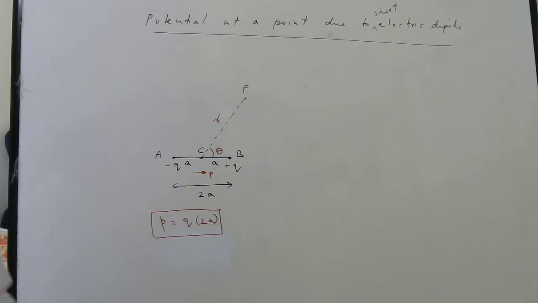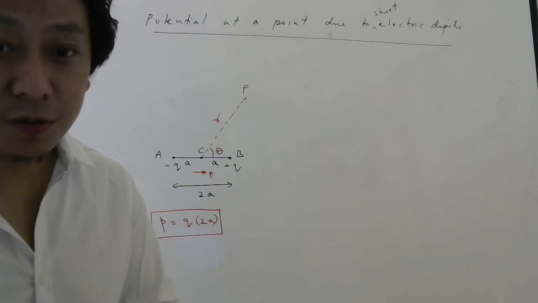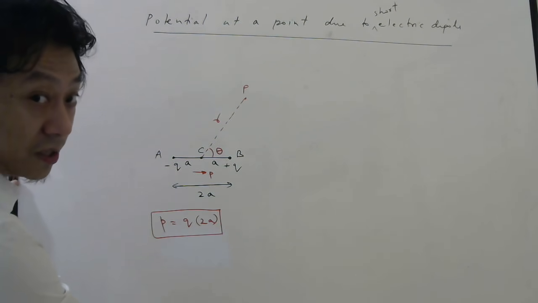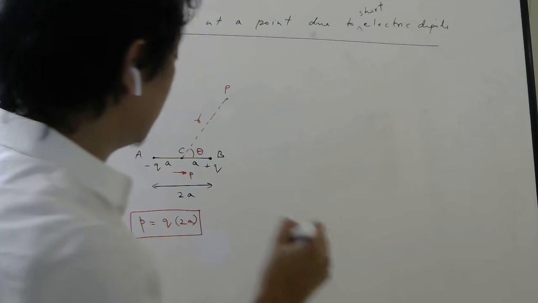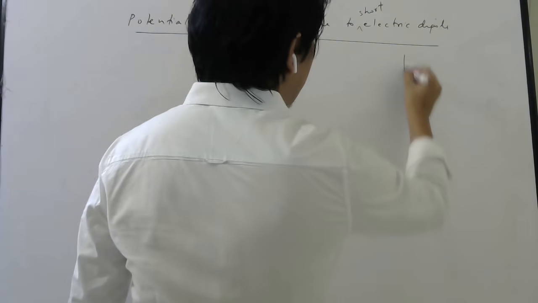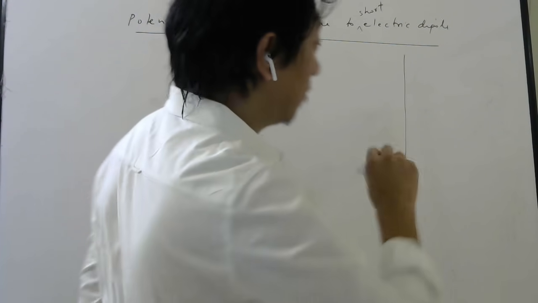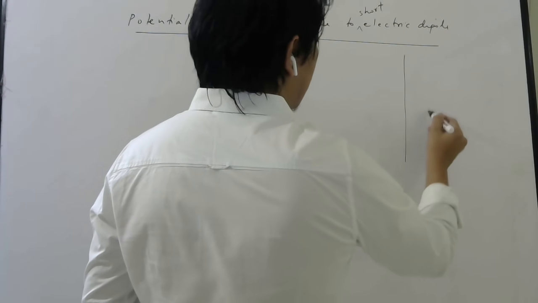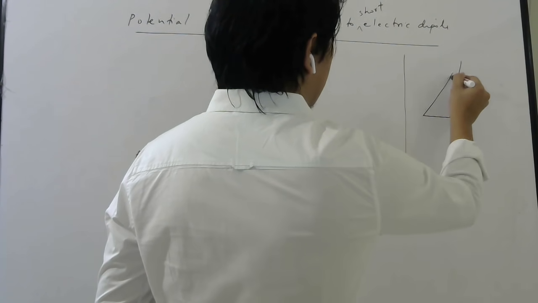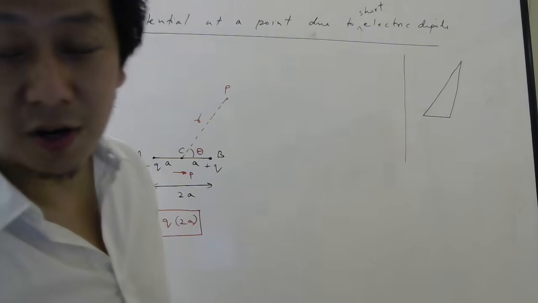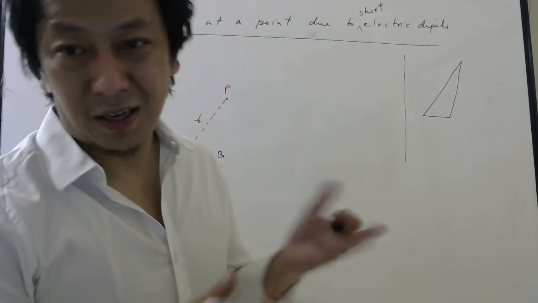Okay, so I want potential. Before I do this derivation, there is one standard formula that you should be knowing. Without that it will become too long for me to explain. So look here. Suppose I give you one line, and one line, some triangle, not a right angle triangle, any kind of triangle.